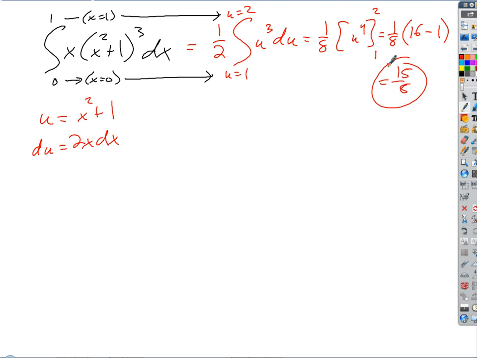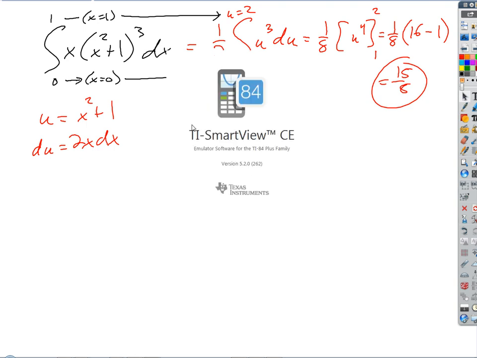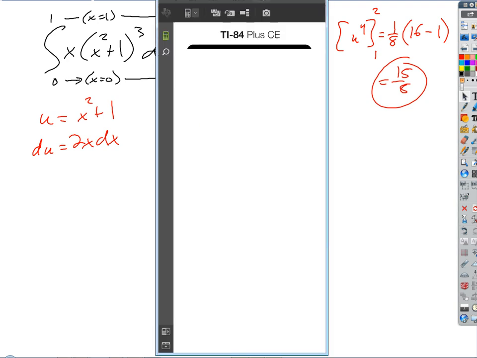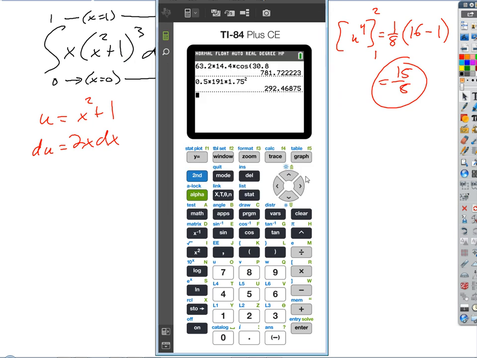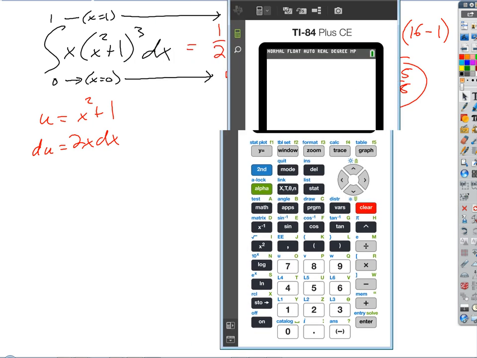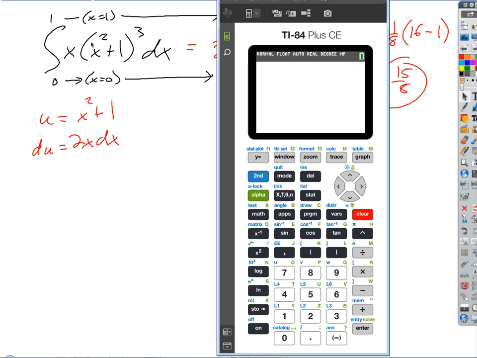Okay, let's look at this. So let's do something here. First of all, let's look at what the area looks like under the original curve from 0 to 1. I want you to see something. This is really cool.